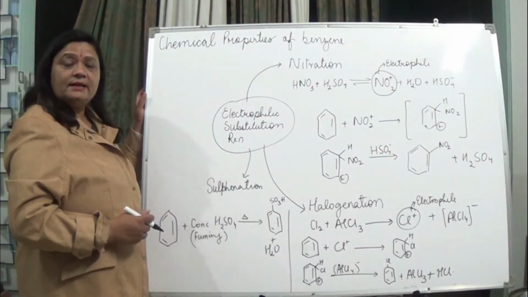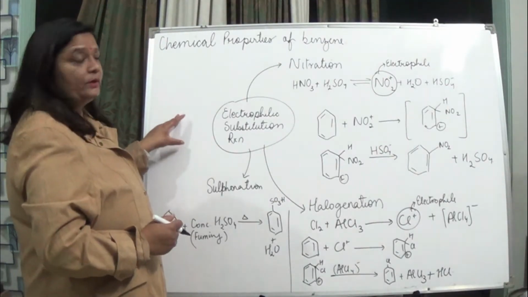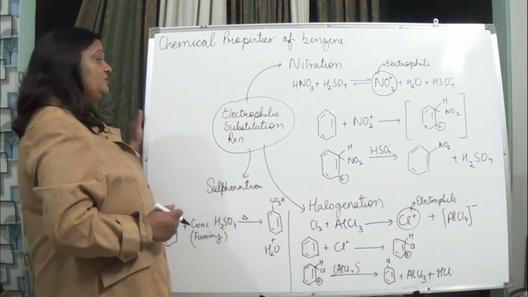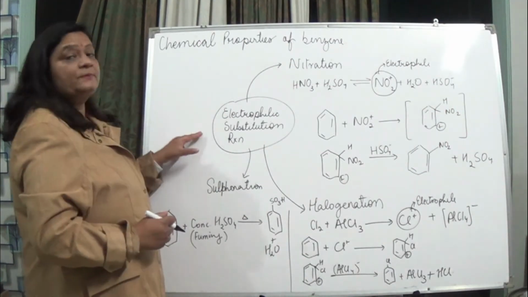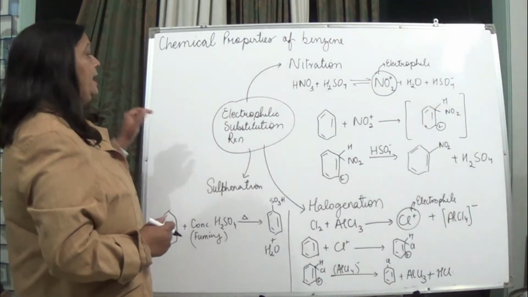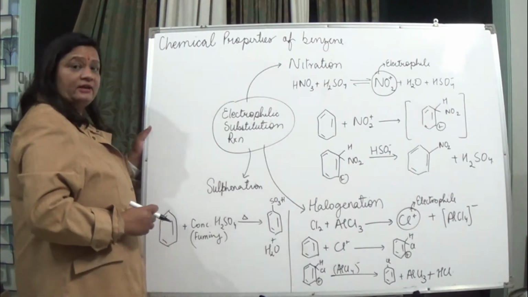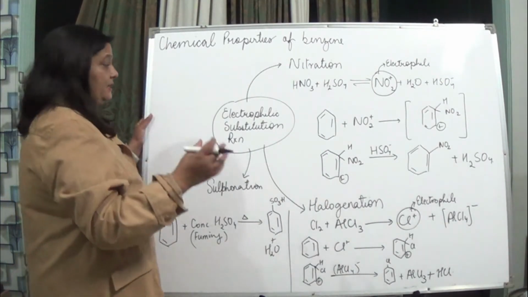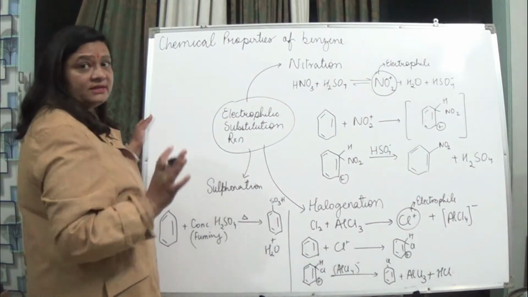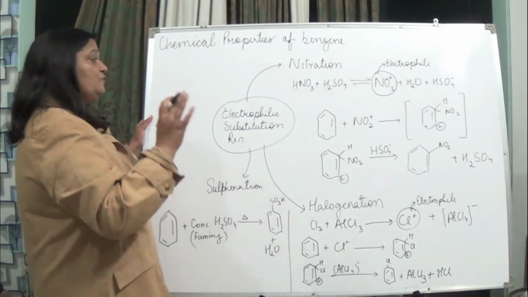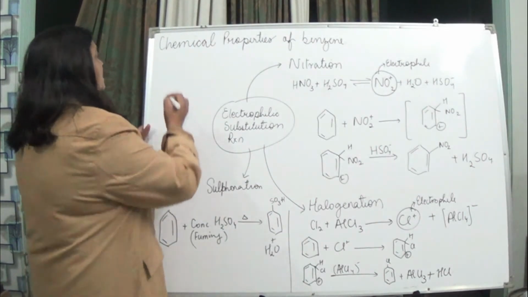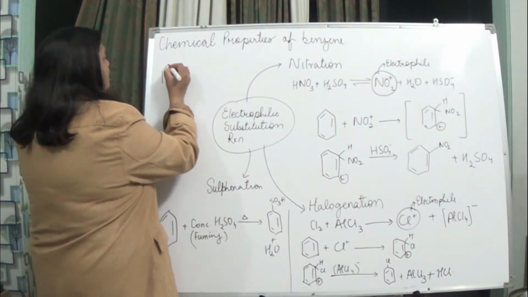Now let us study the chemical properties of benzene. The first reaction it shows is the electrophilic substitution reaction. In this, the electrophile attaches and substitution takes place. The first reaction is the nitration reaction.